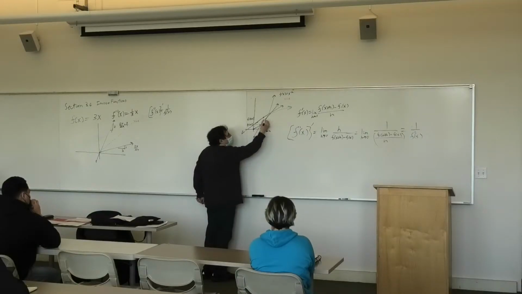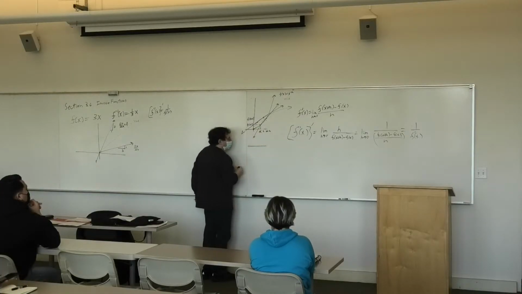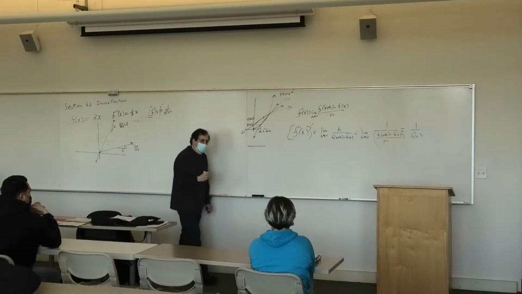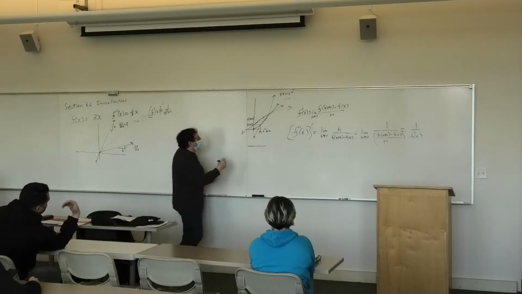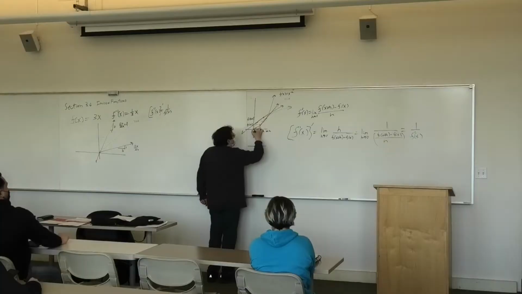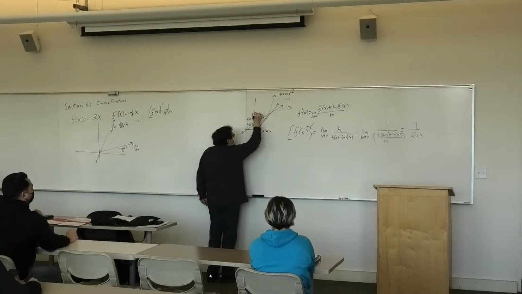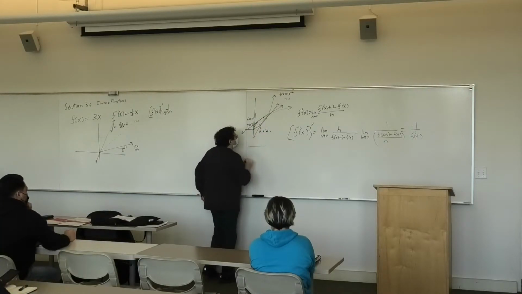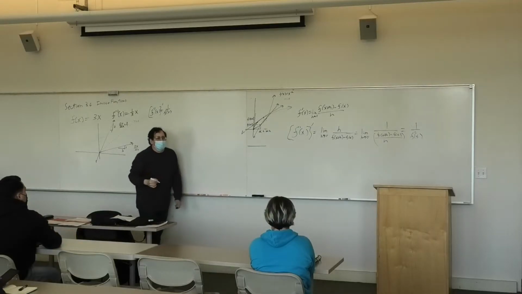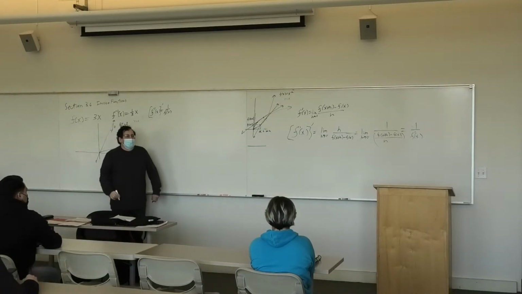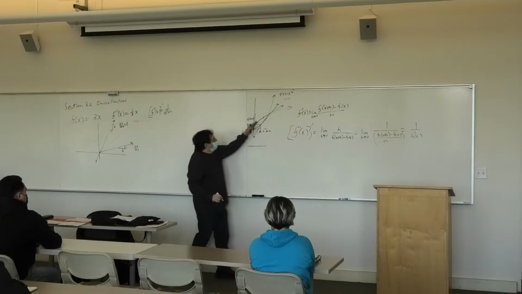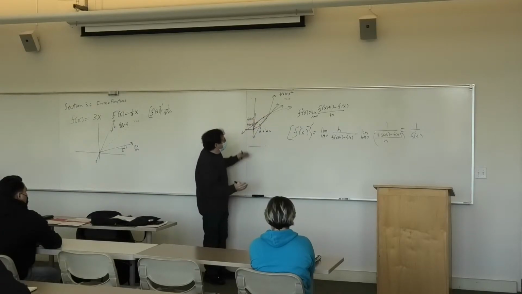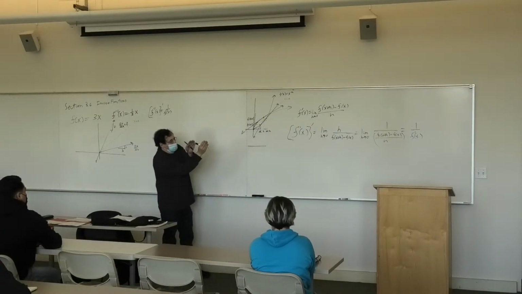Well, y equals x squared at 0 is going to have a tangent that has slope 0. Square root of x coming down this way is going to have a tangent which is vertical. It has infinite slope.